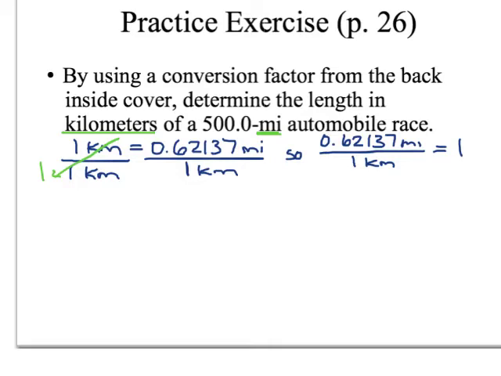I could have also done this the other way, so let's rewrite the conversion factor: 1 kilometer equals 0.62137 miles. I could have divided both sides by the miles.